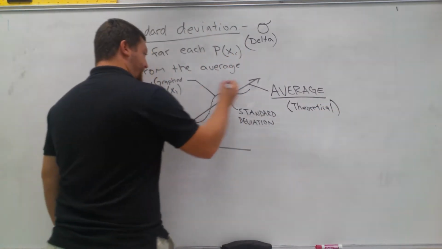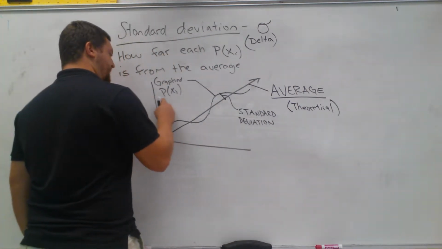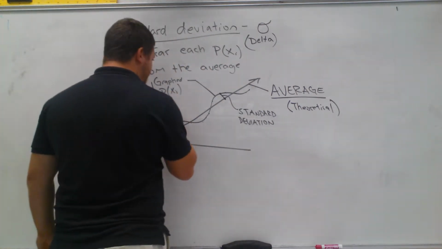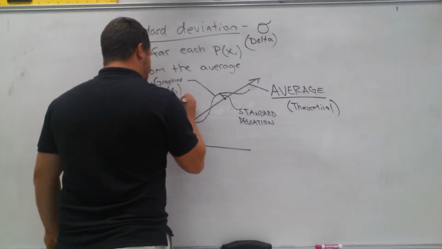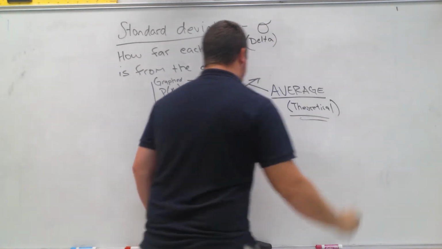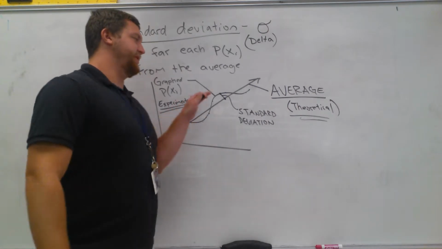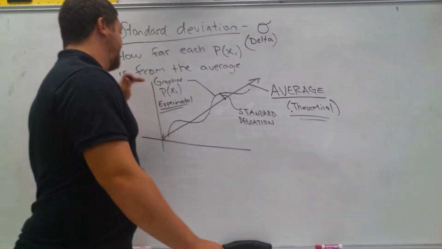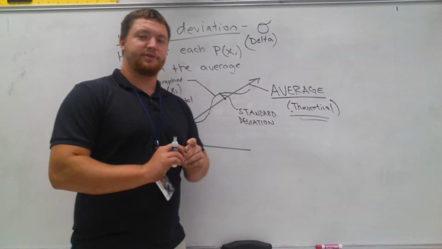And my actual probabilities would be my experimental. Good. Just kind of letting you make connections. So how far does my experimental probability, what I actually got, differ from my theoretical, or the average? That's what standard deviation is.